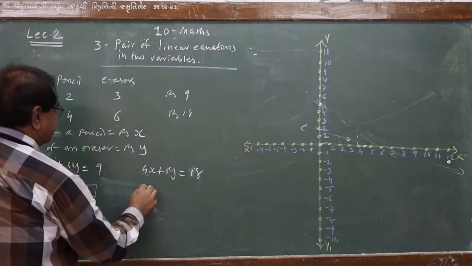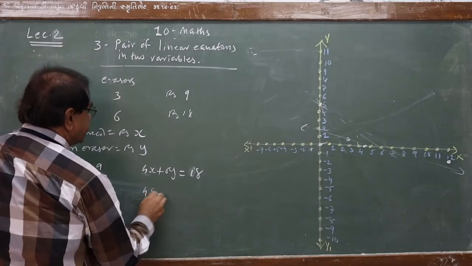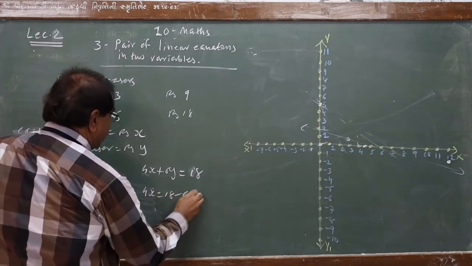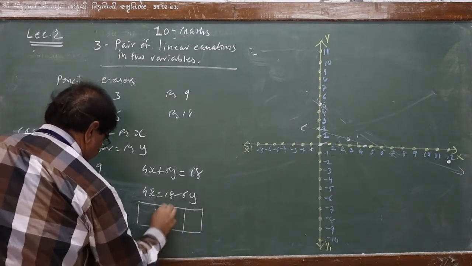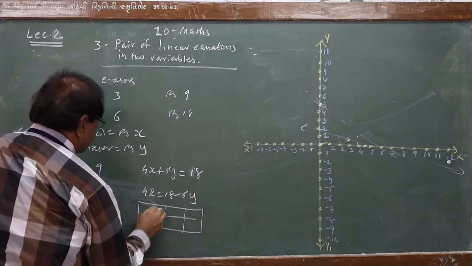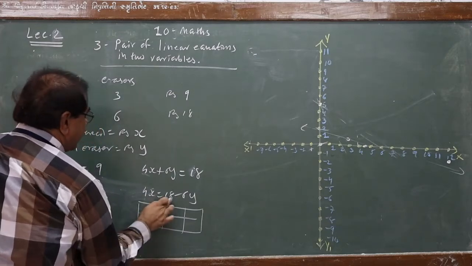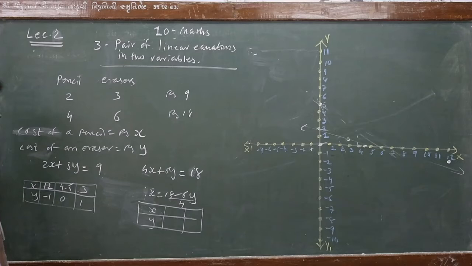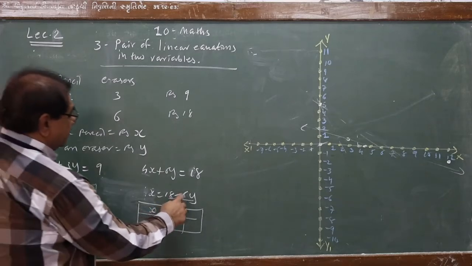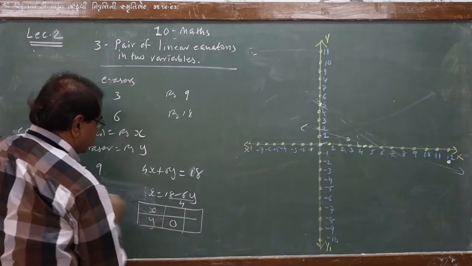For this, 4x is equal to 18 minus 6y. So x is equal to 18 minus 6y, whole upon 4. First of all, y is equal to 0.